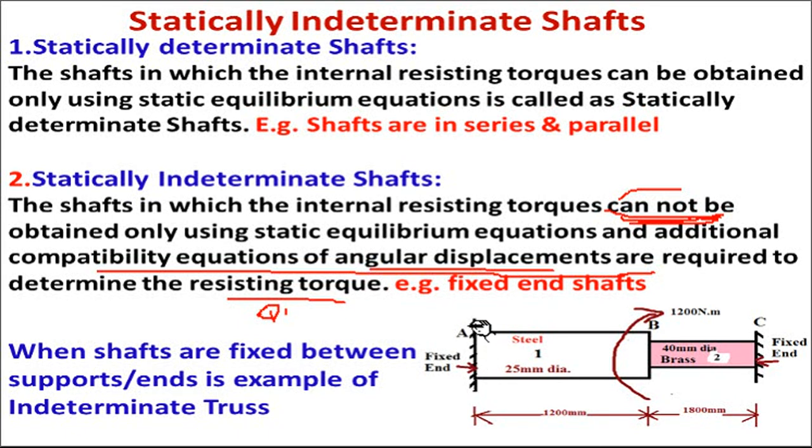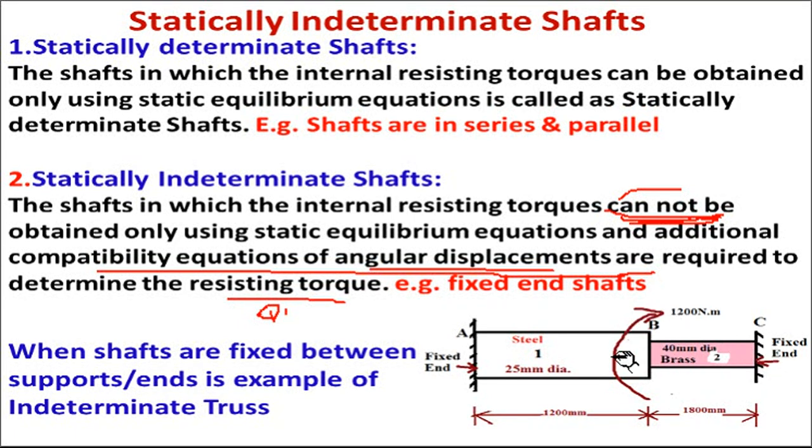But when both ends are fixed, the slopes are 0 at A and 0 at C. If any end is fixed, the slope is 0. But what happens now?